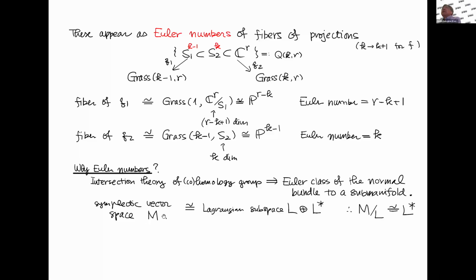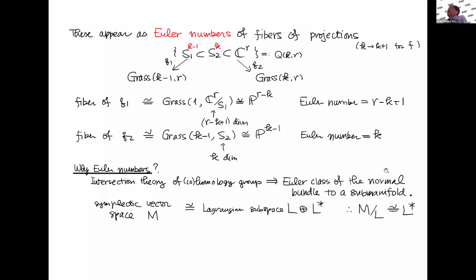It is well known that if you have a Lagrangian subspace L in a symplectic vector space M, then M is naturally identified with this Lagrangian subspace and its dual subspace. If you know quantum mechanics, L star is the momentum direction. So the natural pairing for the symplectic vector space is identified with the natural pairing between the Lagrangian subspace and its dual subspace.